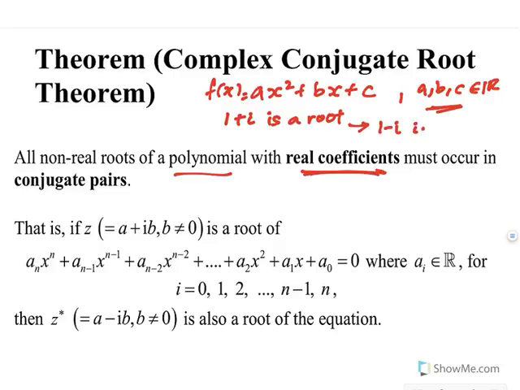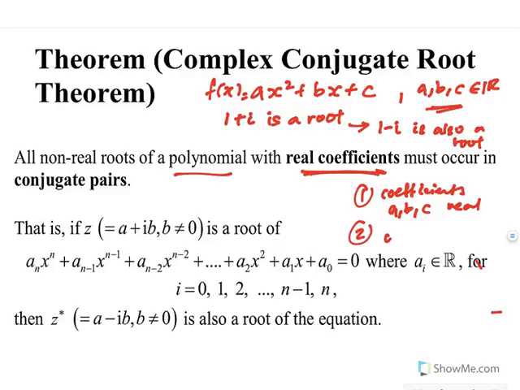This is the general idea. It's also a root. But there are two conditions. Number 1, the coefficients a, b, c must be real. Number 2, then you can assume the conjugate pairs. So I say again, they must be real, then you can talk about the conjugate pairs. Not real, no pairs.